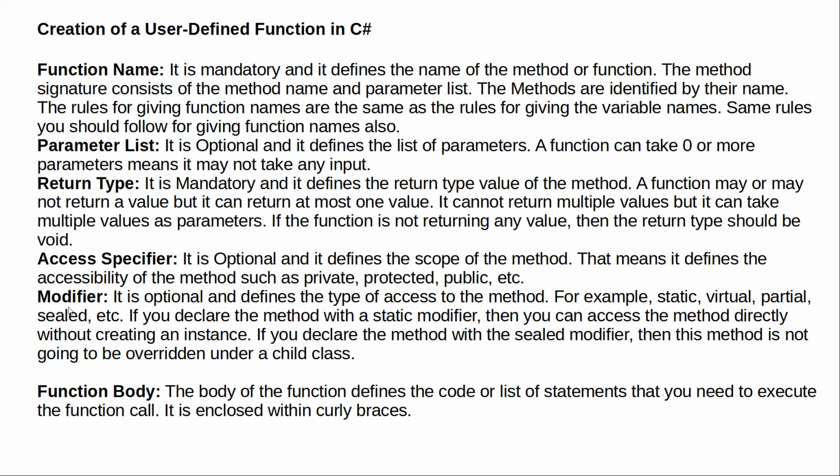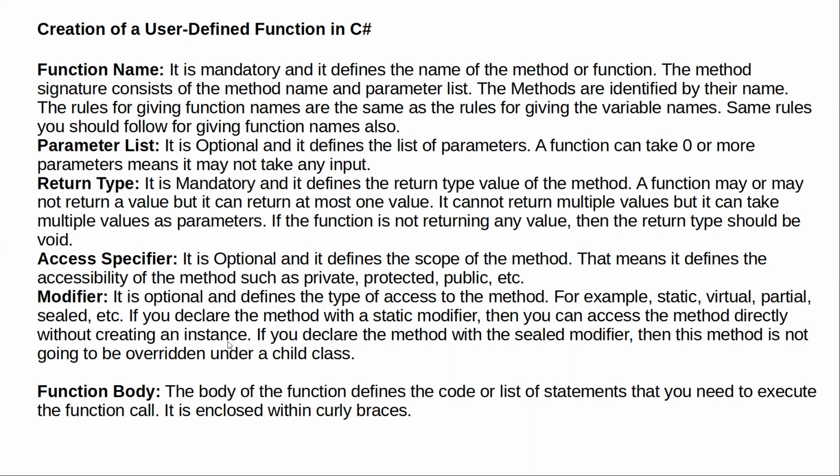Another one is the modifier. This is an optional parameter. Normally we can pass static, virtual, partial, or sealed. If it is static, you can access the method directly without creating the instance.